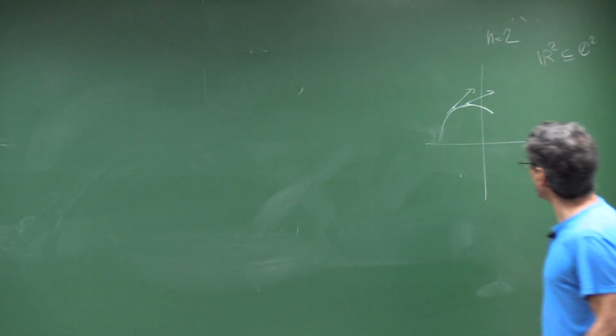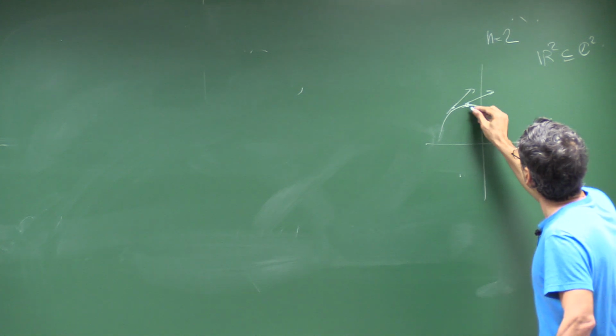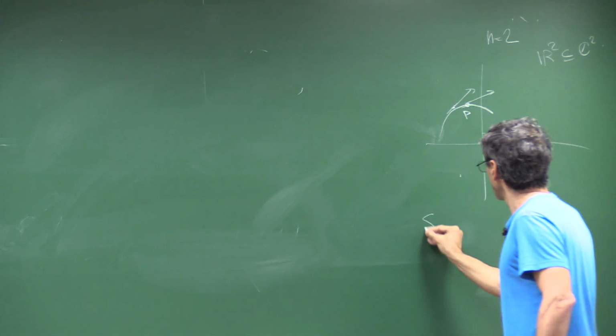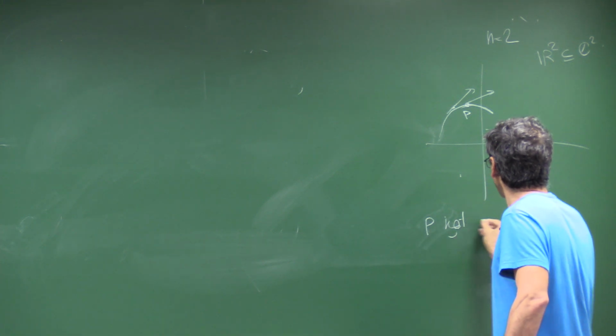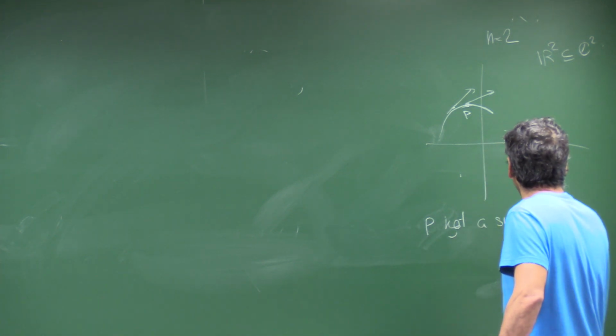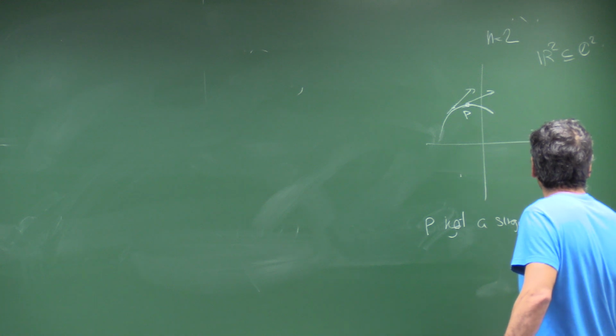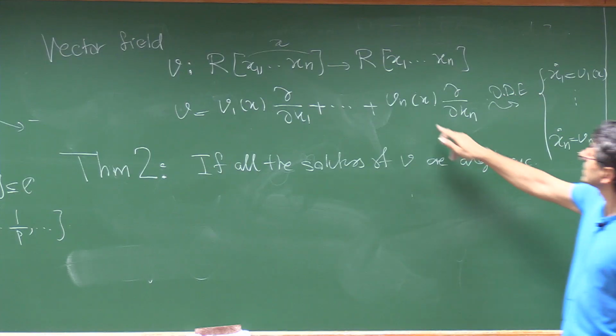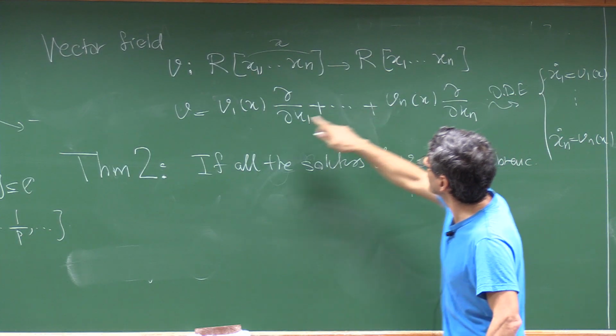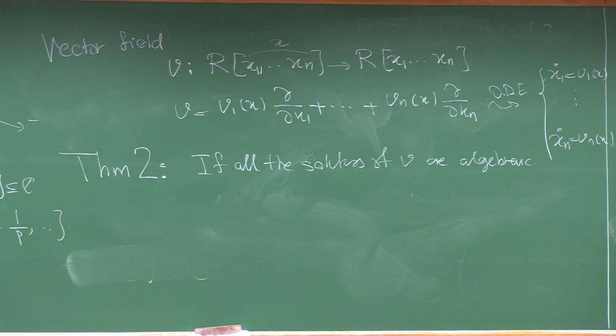So the solutions are algebraic. It means that if you take a point P, not a singular point of V, where singular point means it is not the simultaneous zero of V1, V2, up to Vn.